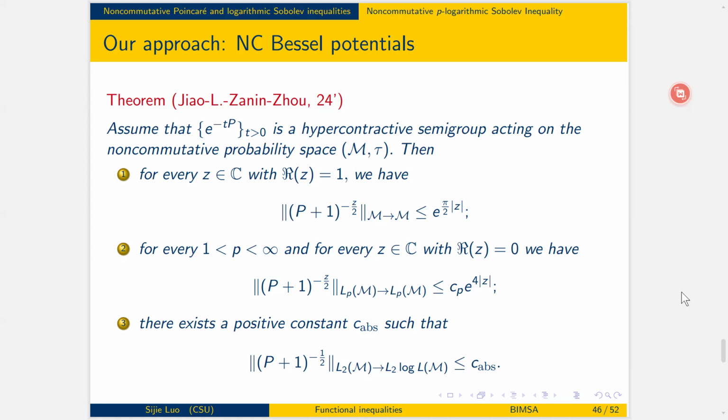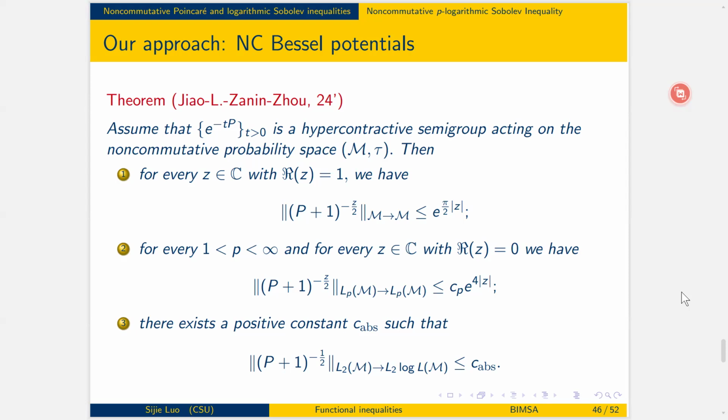The first one is the decay from L infinity to L infinity with this term. The second is the L^p to L^p boundedness with imaginary power. And the third result is that this Bessel potential is bounded from L2 to L2 log L. This one is very similar, quite closely related to the log-Sobolev inequalities.